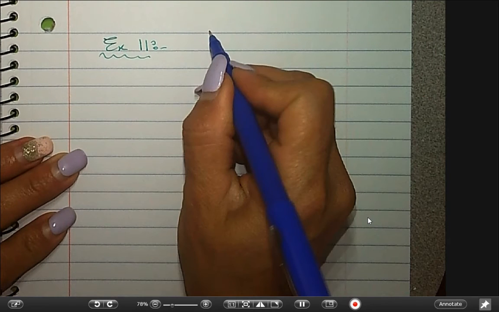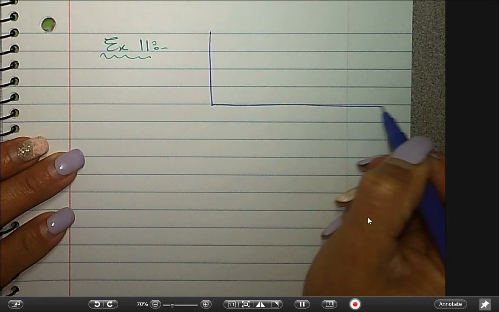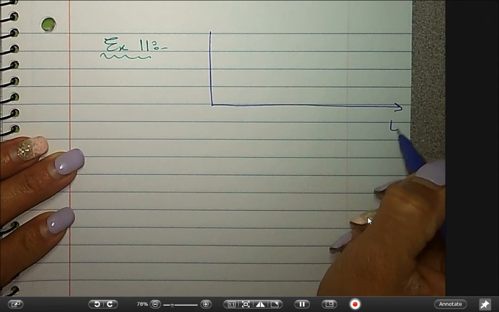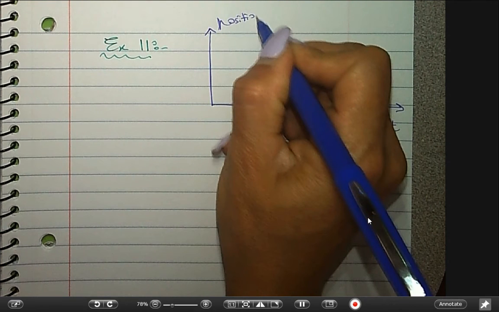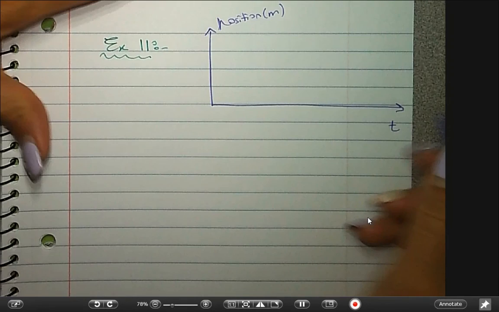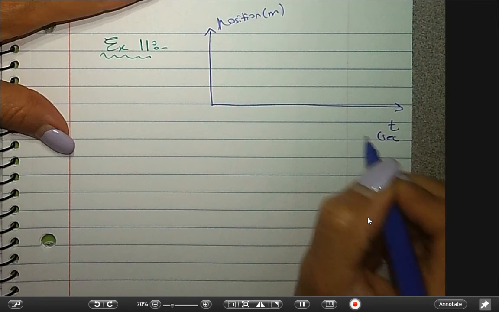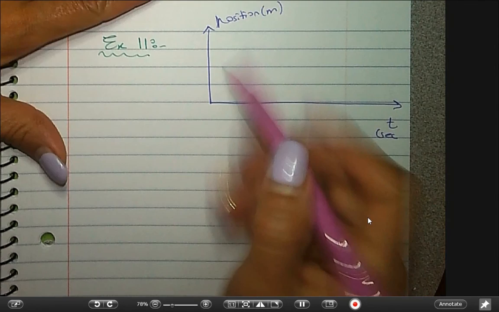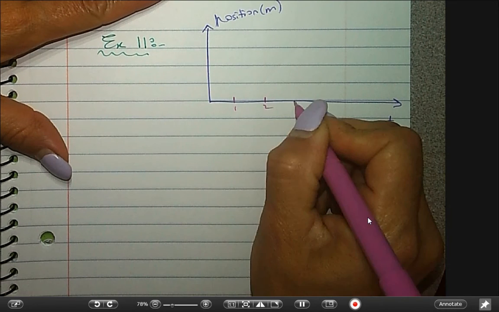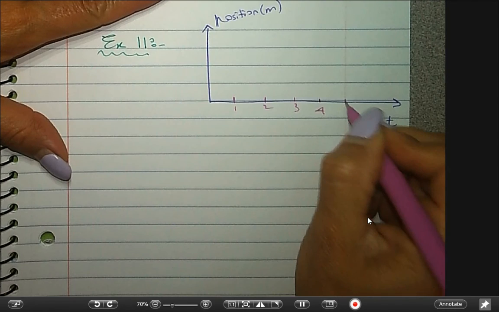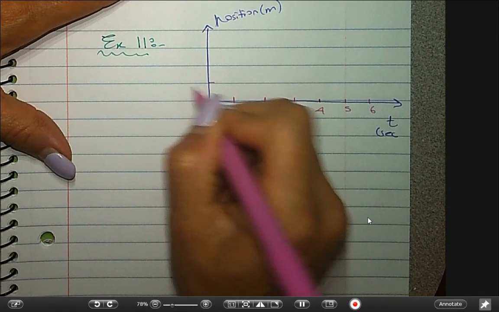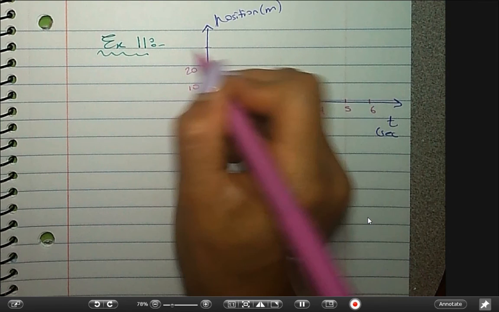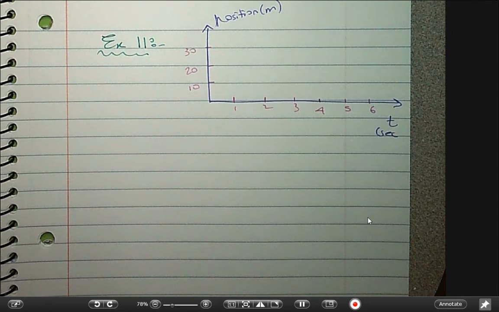So for example 11, you have a time versus position graph. That's your time. That is your position. That's meters, and that's seconds. And here I got 10, 20, and 30.